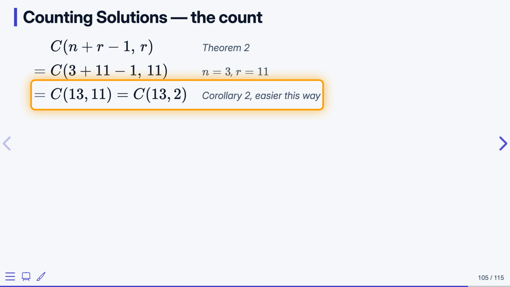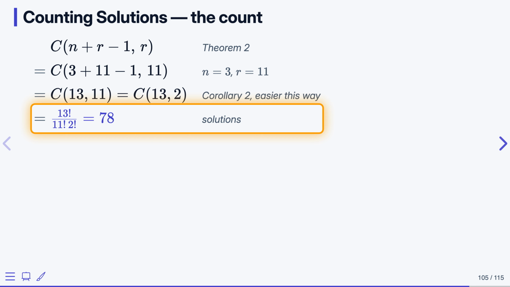By corollary 2, that equals C of 13, 2, and picking 2 is much easier arithmetic than picking 11. Line 4. 13 factorial over 11 factorial times 2 factorial is 13 times 12 over 2, which is 78. So the equation has 78 solutions.